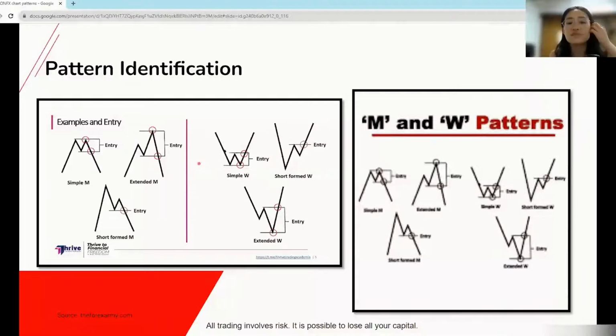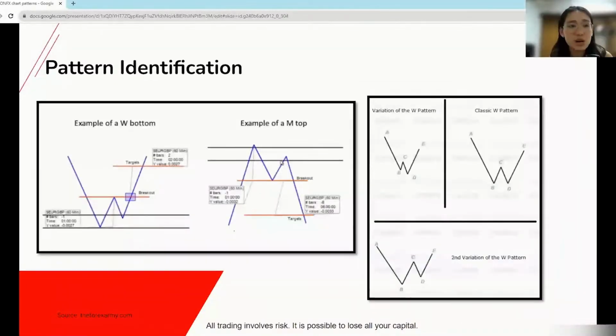Okay, we went through a couple of M's and W's earlier, so I'm just going to move on to show you how to identify some patterns. Here are some variations of our M and W points. The breakout points, as we mentioned earlier, happen once price has broken out of the neckline area.